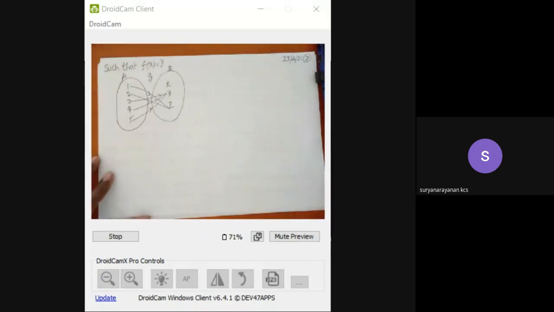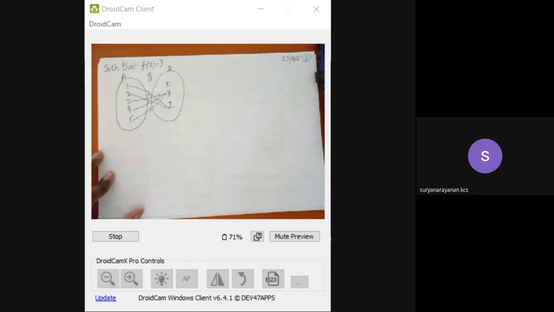Are you watching this screen? Yes, all of you are watching this screen? What is the name of this function here for this arrow diagram? G, sir.